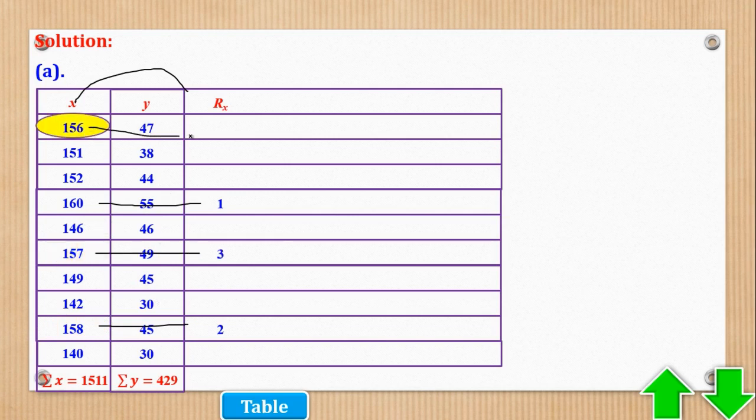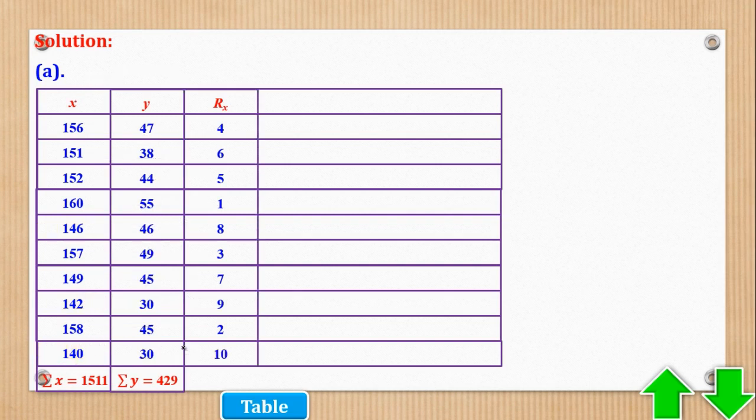Next 156 gets rank 4. 152 gets rank 5. 151 gets rank 6. 149 gets rank 7. 146 gets rank 8. 142 gets rank 9. And lastly 140 gets rank 10. So ranking is in descending order.